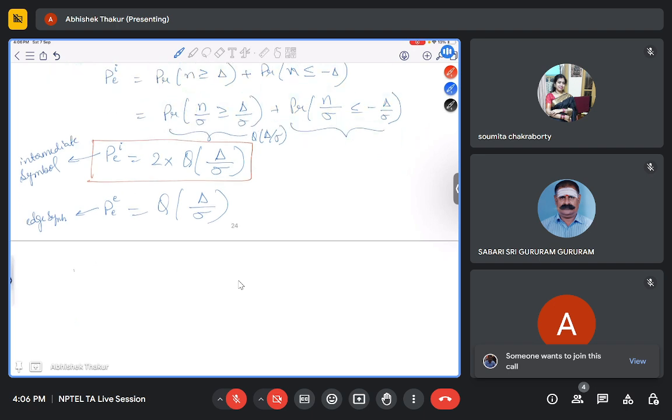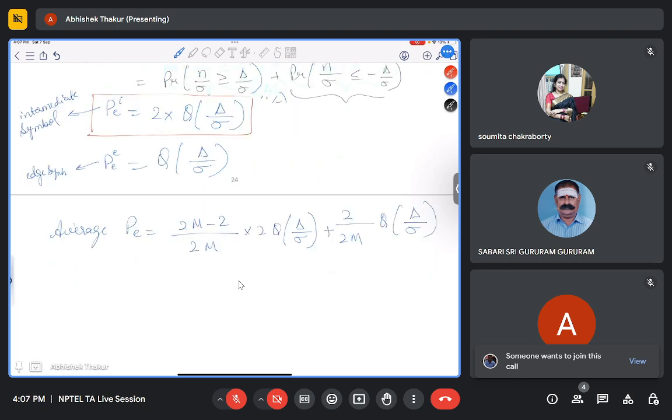So now the average probability of error: the number of intermediate symbols is 2m minus 2, times 2 Q of delta by sigma, plus, there are two edge symbols, so 2 by 2m, since we are calculating the average, times Q of delta by sigma.